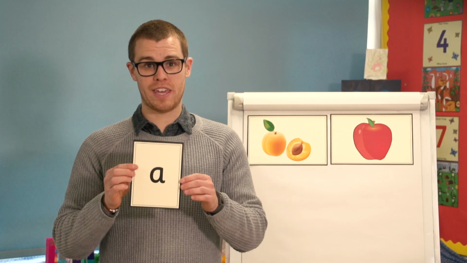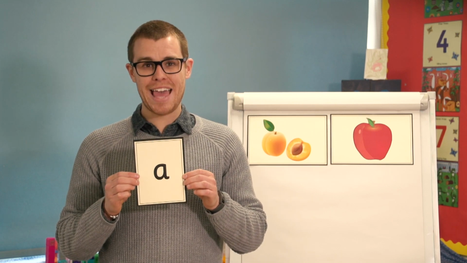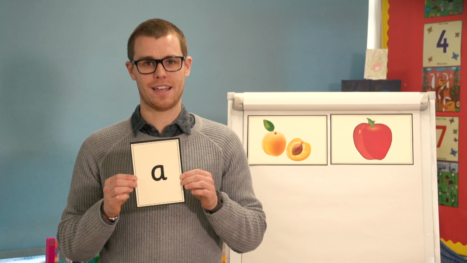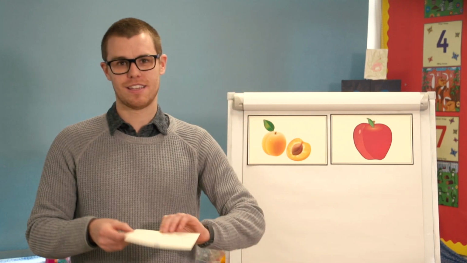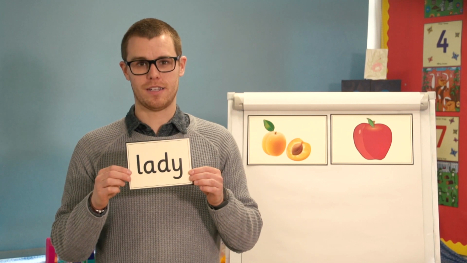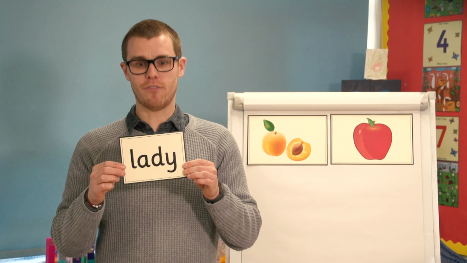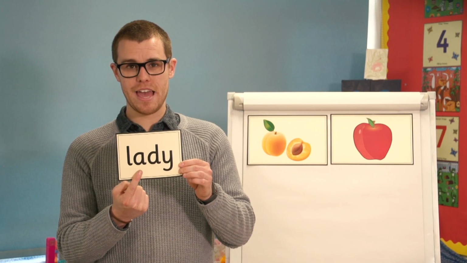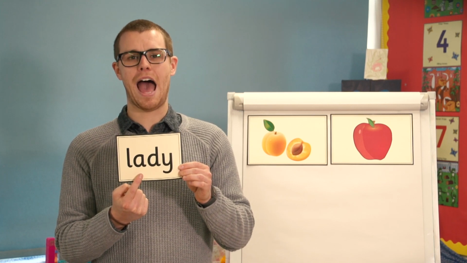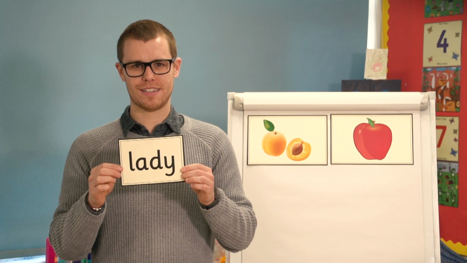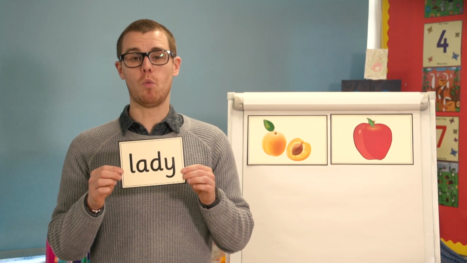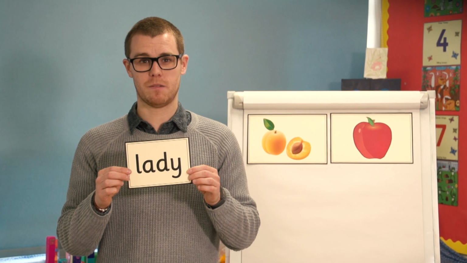Does this grapheme make an A or A sound? Here's the first word. Read the word. Does it have the phoneme A or A? Help me put the word in the correct place.